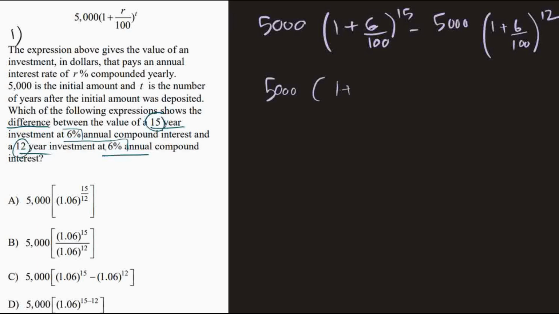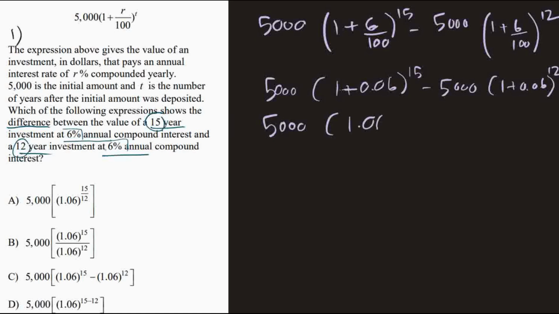So 1 plus 6 over 100 is 1 plus 0.06, which is 1.06, to the power of 15, minus 5,000 times 1.06 to the power of 12.